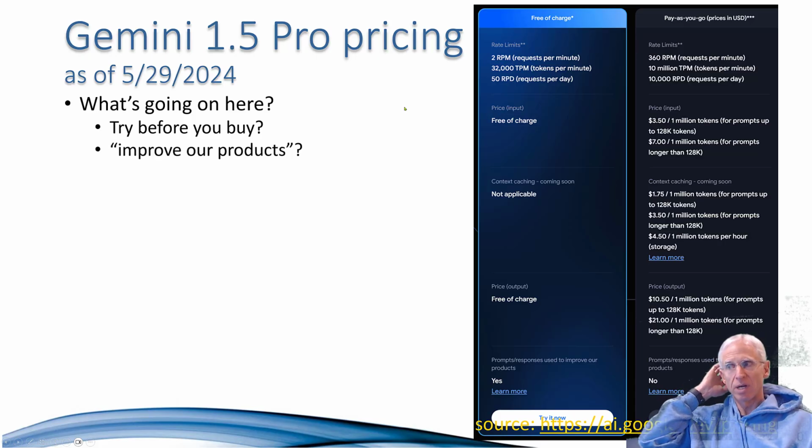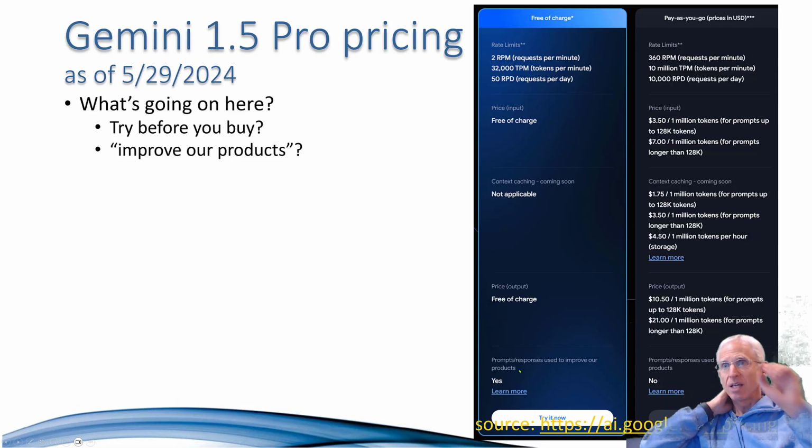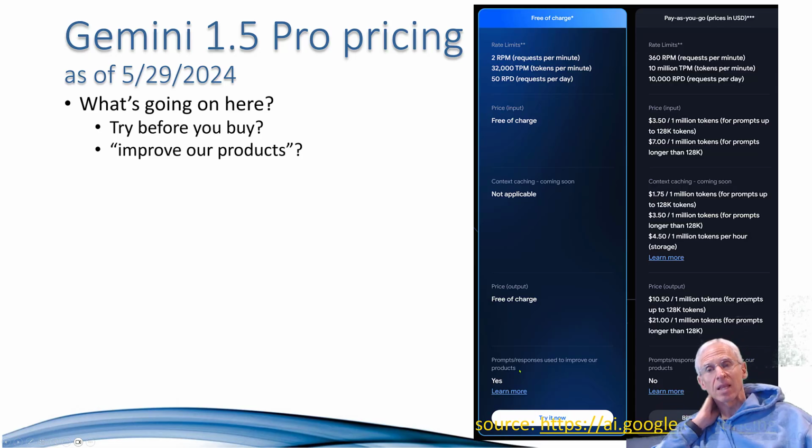At the bottom you'll notice it says they use prompts and responses to improve their product. Yes, if you use the free tier, it may be free, but it has limits, and they will likely use your prompts and responses to help train their future models. So that's kind of how things work.